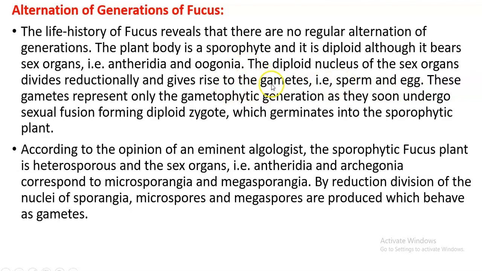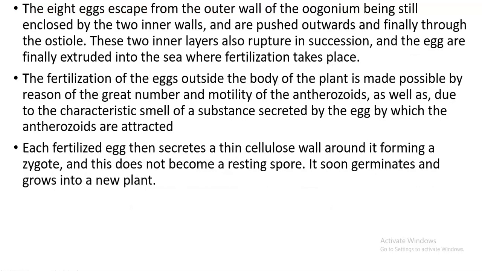So these ultra small male and female gametes represent the gametophytic generation. We can see that only the sporophytic generation is a visible thallus. Only that represents the plant body, and there is no alternation of generation as such observed in FUCUS. So this is all about FUCUS.